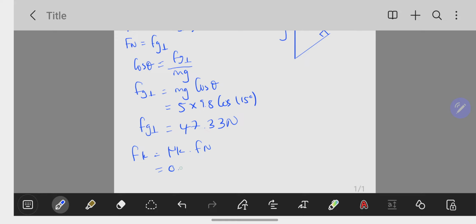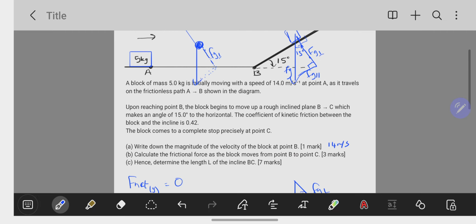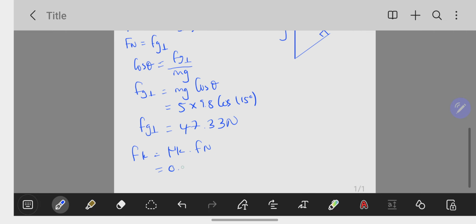So 0.42 times 47.33. That gives us 19.88. Now this is down the slope.